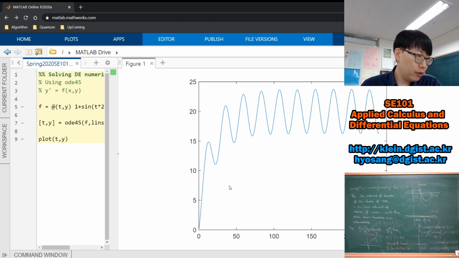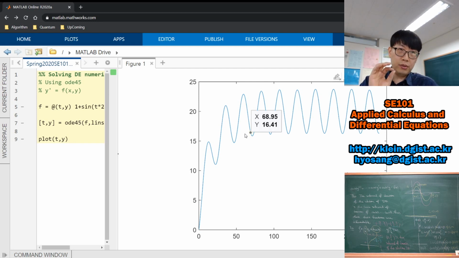So it first increases. The x-axis is a unit of hours, and basically it will eventually behave like a sinusoidal curve, because at the beginning there's no hormone at all, so the increase rate will dominate, and the level of hormone increases.